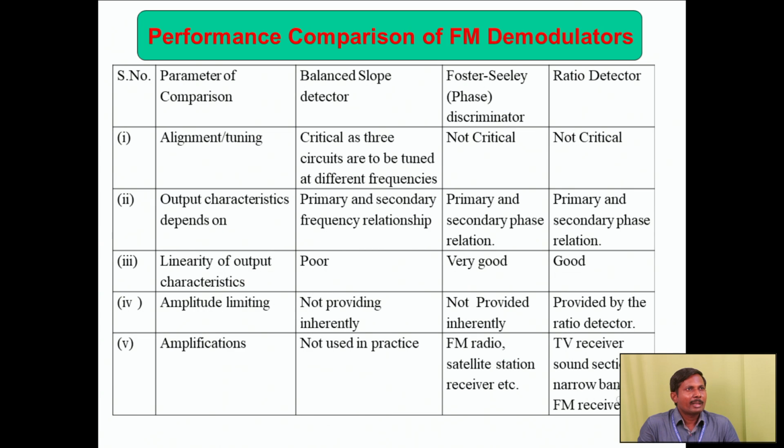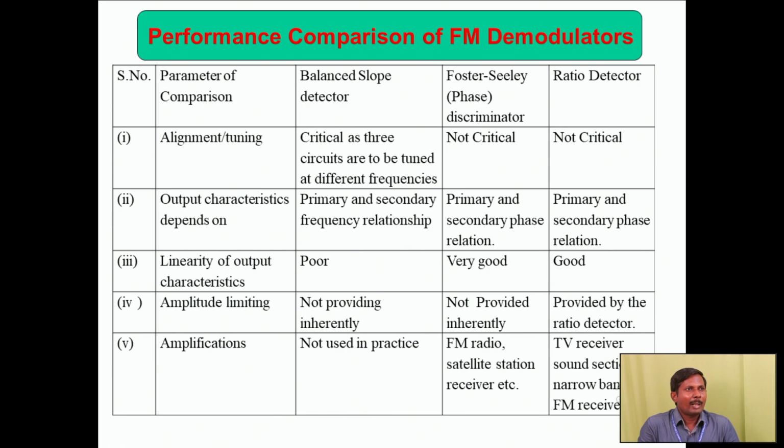Third parameter, linearity of the output characteristics. In the balanced slope detector, the linearity is very poor, but in the Foster-Seeley discriminator, the linearity is very good. While looking at the ratio detector, the linearity property is acceptable, that is good.